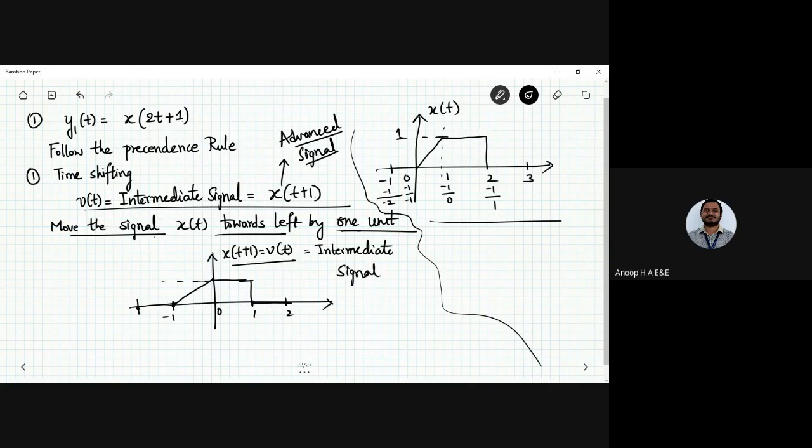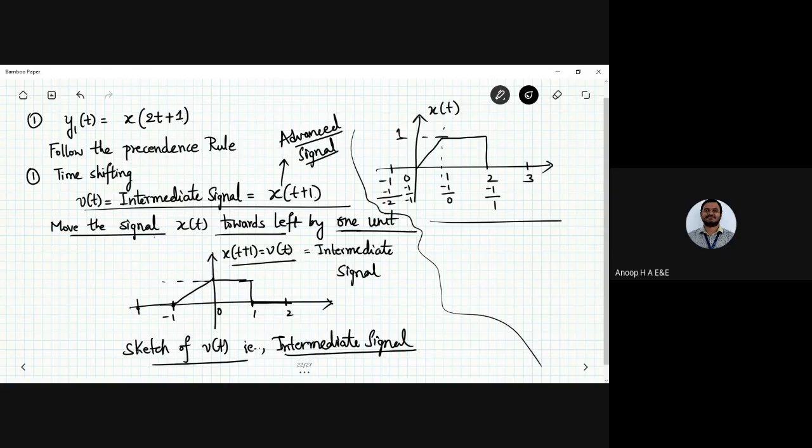So this is the sketch of the intermediate signal, that is v of t.